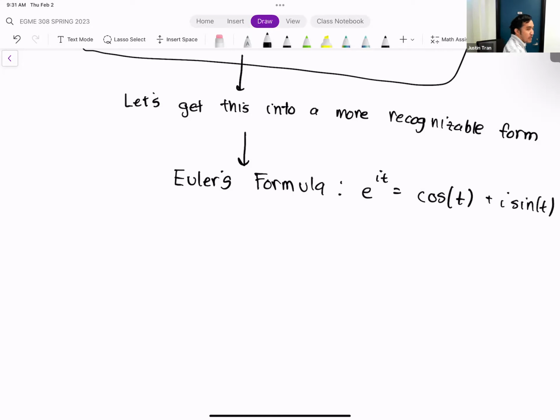So basically it transforms the complex exponential into cosines and sines, which are much easier to work with. Another form for Euler's formula is if you have the minus version, so e to the minus it. It looks very similar. The only difference is that we are going to use a minus sign for the sine.